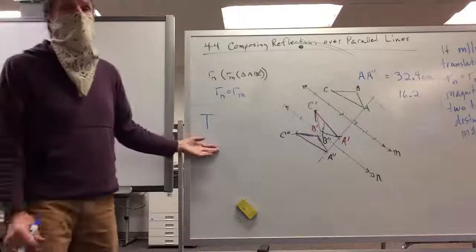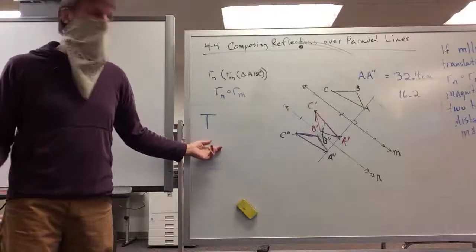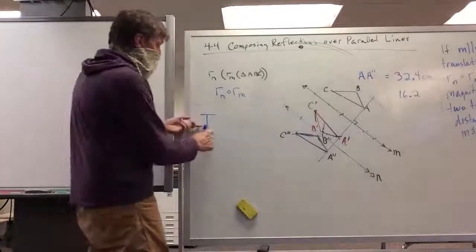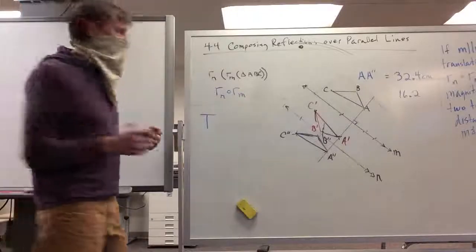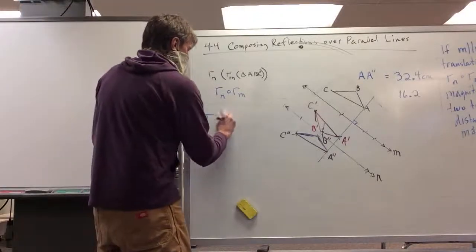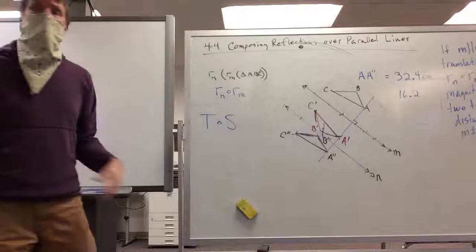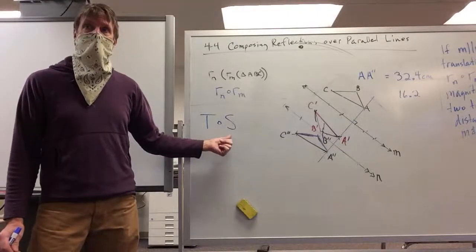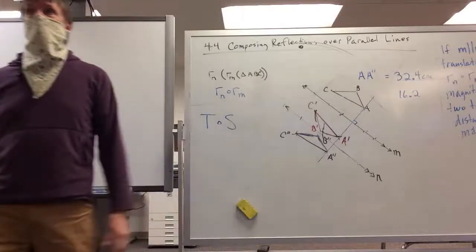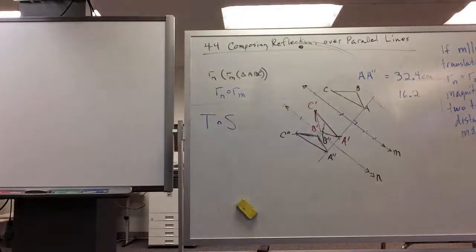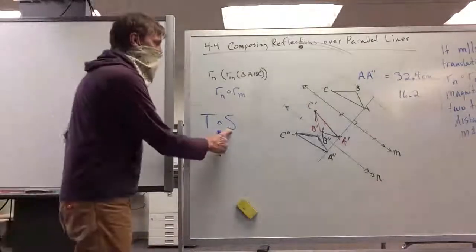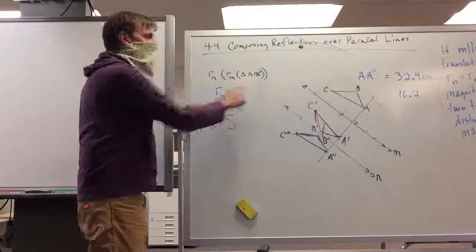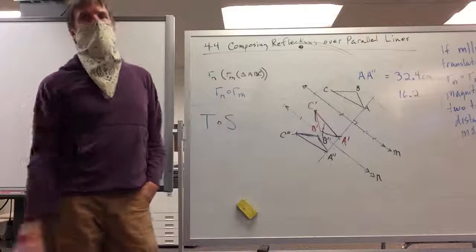It could even be an algebraic expression, we'll learn that next year. But if T is some function that you do, and S is another function that we do, we can write it like this, T composed with S. So there are lots of ways that we can write this. But there's one thing that's consistent: the second function always gets done first in a composition.